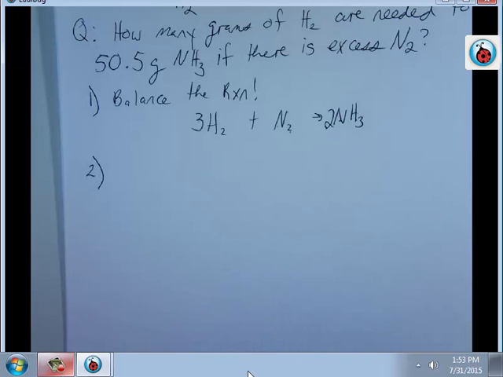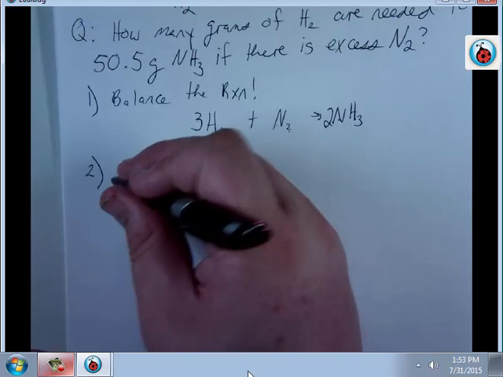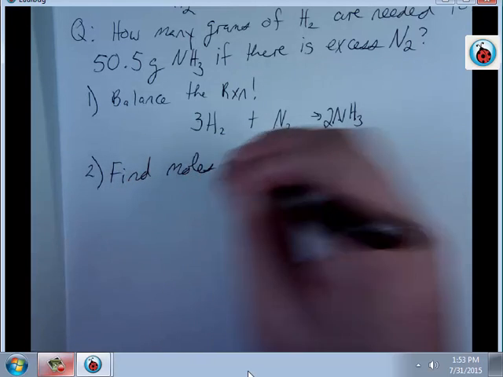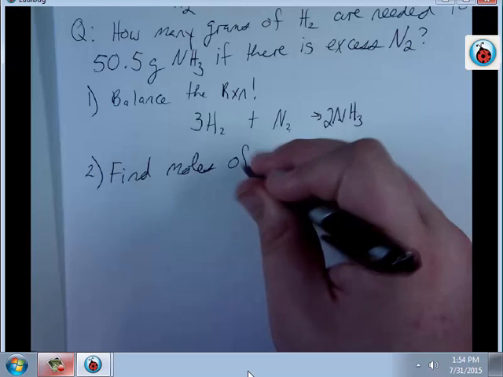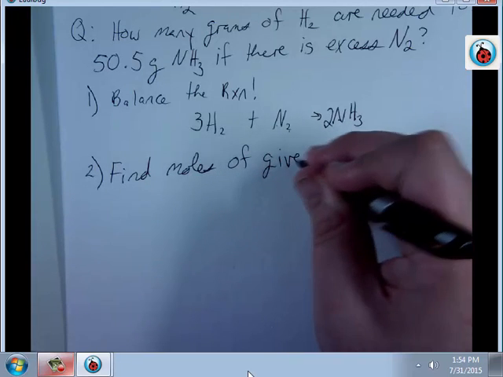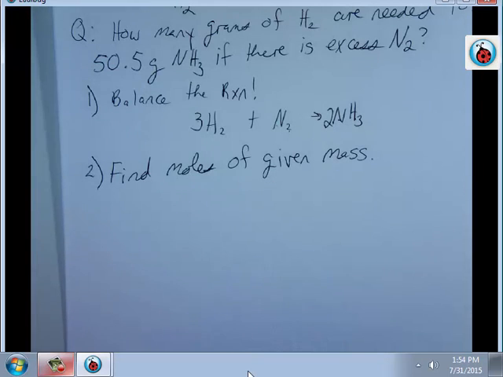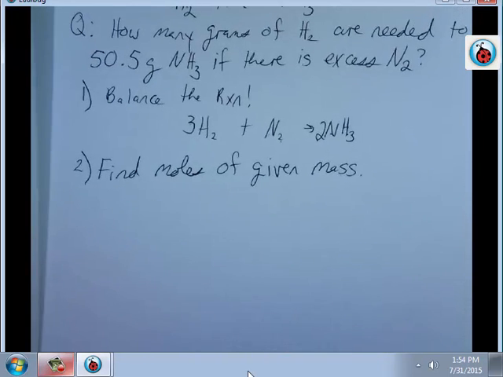Next, find moles of given mass. Paper slanted a little bit.